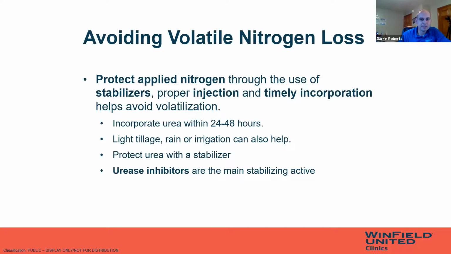So it helps to protect that nitrogen, keep it from converting over to ammonia. So hopefully within a week or two, we catch a rain to get it incorporated. Of course, we can also till. In a lot of areas of Iowa, we don't have access to irrigation, but that would be another way to get it incorporated.